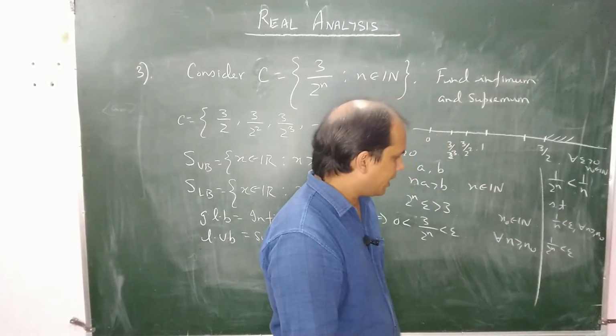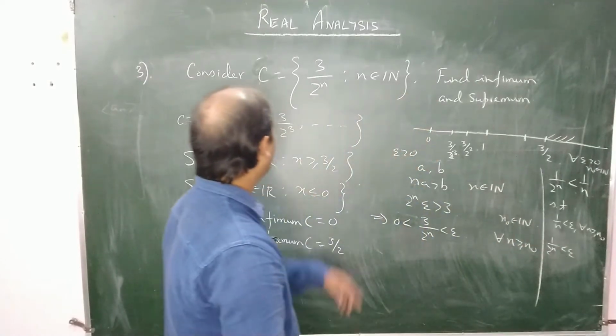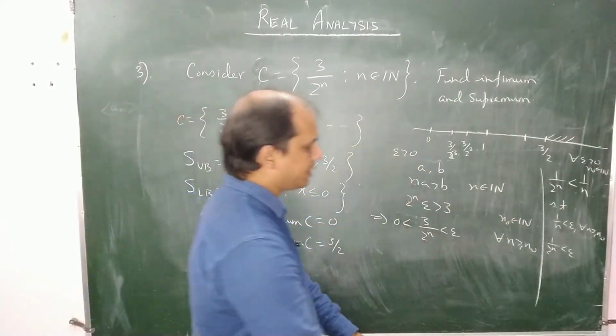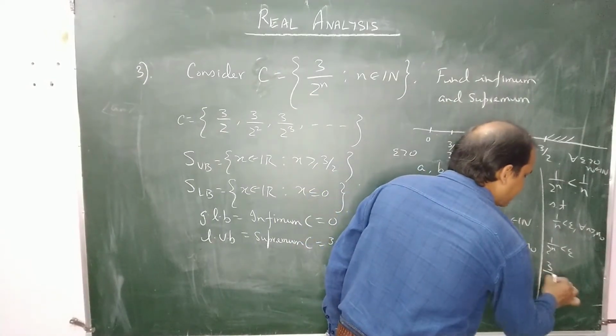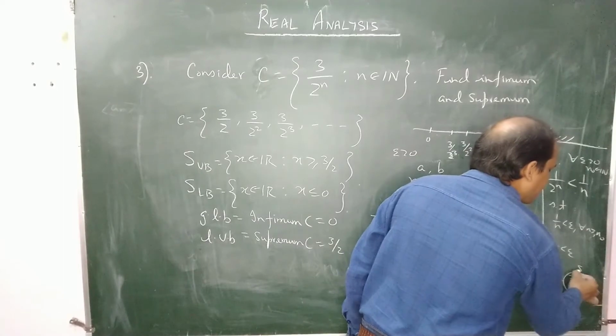Okay, and now let me multiply to make it of this type. Let me multiply on both sides by 3. So 3 by 2 raised to the power n will be less than 3 epsilon, and let me call this 3 epsilon as epsilon dash.